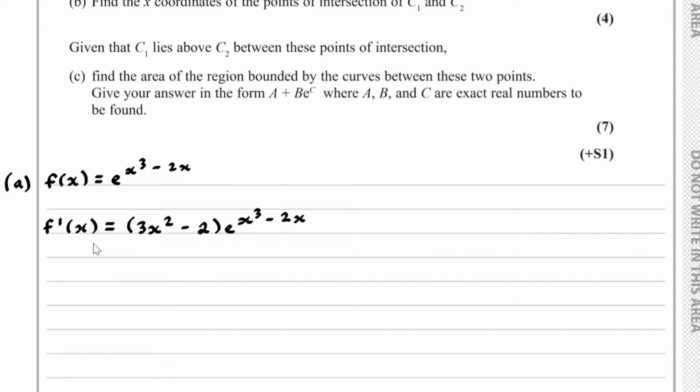So f dash of x is equal to 3x squared minus 2 multiplied by e to the x cubed minus 2x.